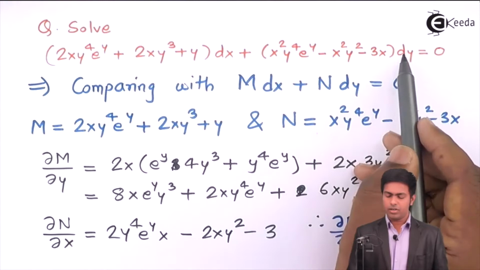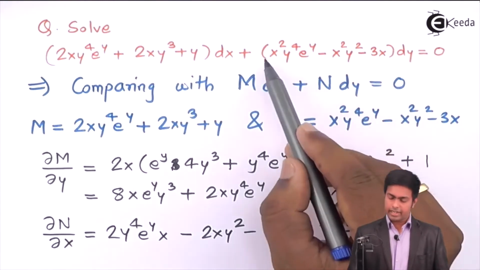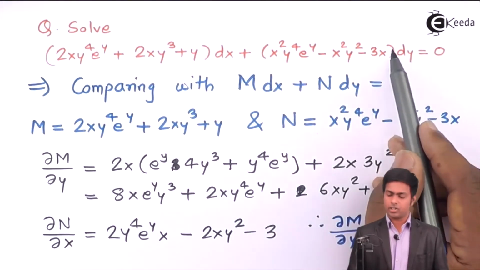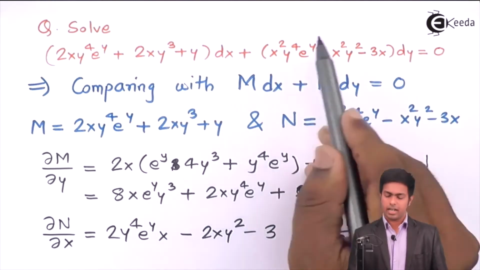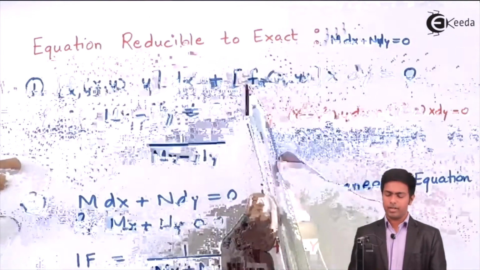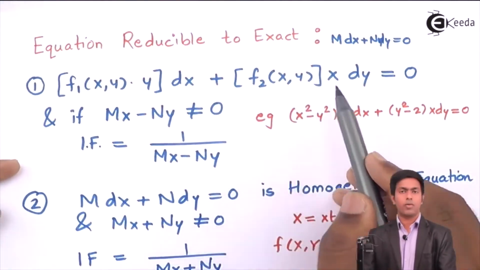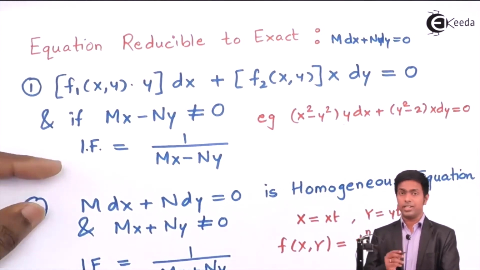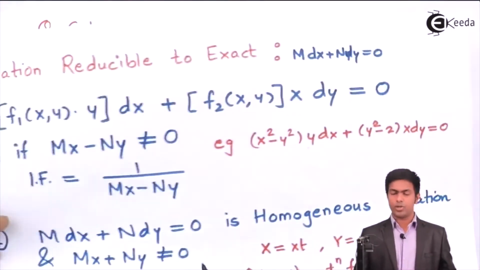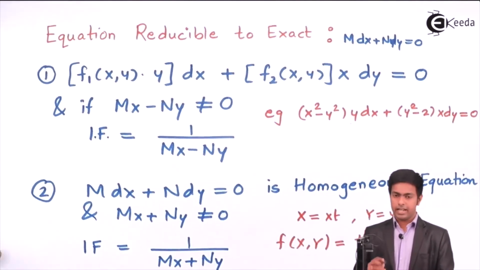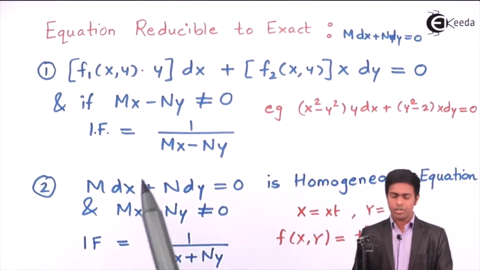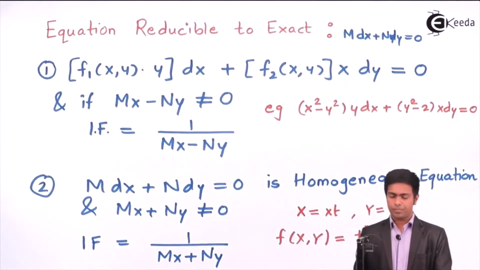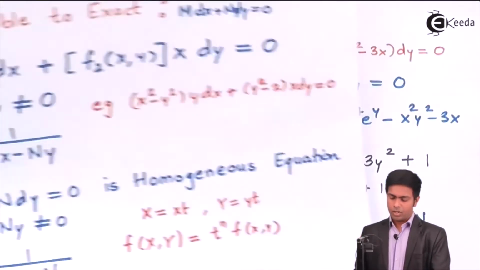Similarly, here I can take x common from the bracket, so I'll get x dy outside, and whatever remains in the bracket is my f2(x,y) equal to 0. It means I can represent this equation in this form, and hence I can get the solution by this method.